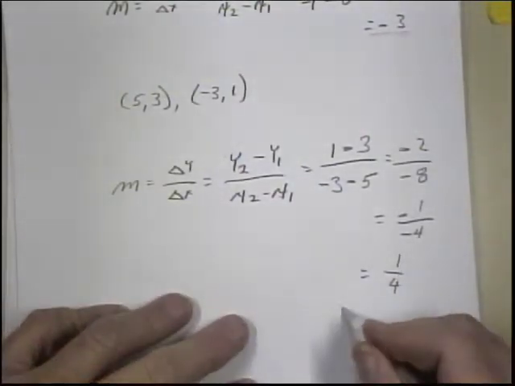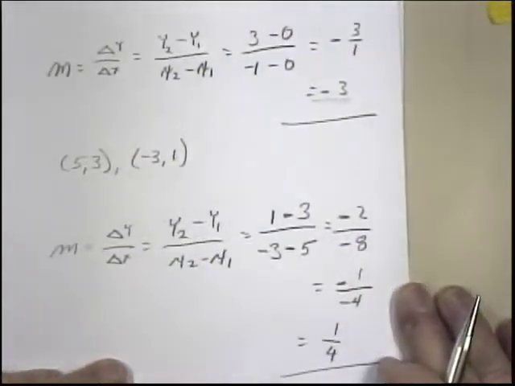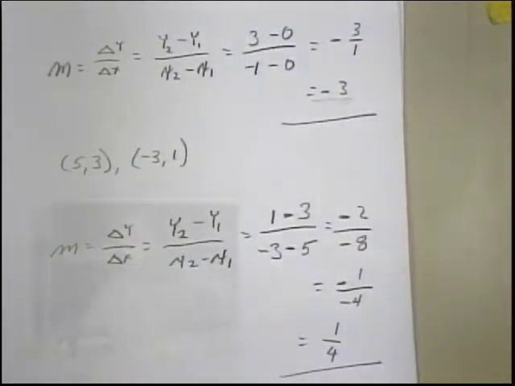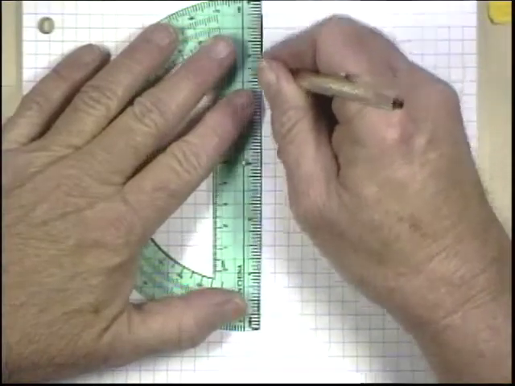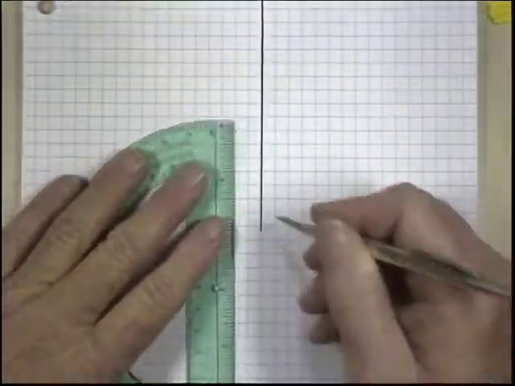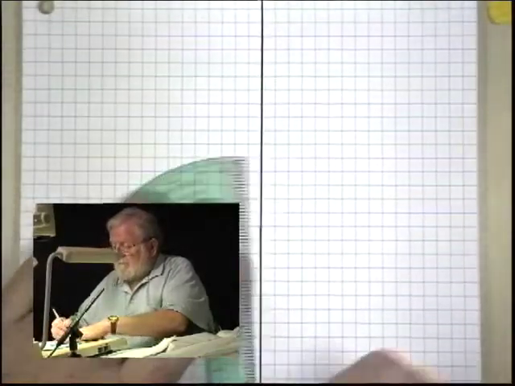Now I'm going to graph these two slopes that I've just done so we can take a look and see what they look like. I'll draw them both on the same coordinate system for you. I'll draw my coordinate system.